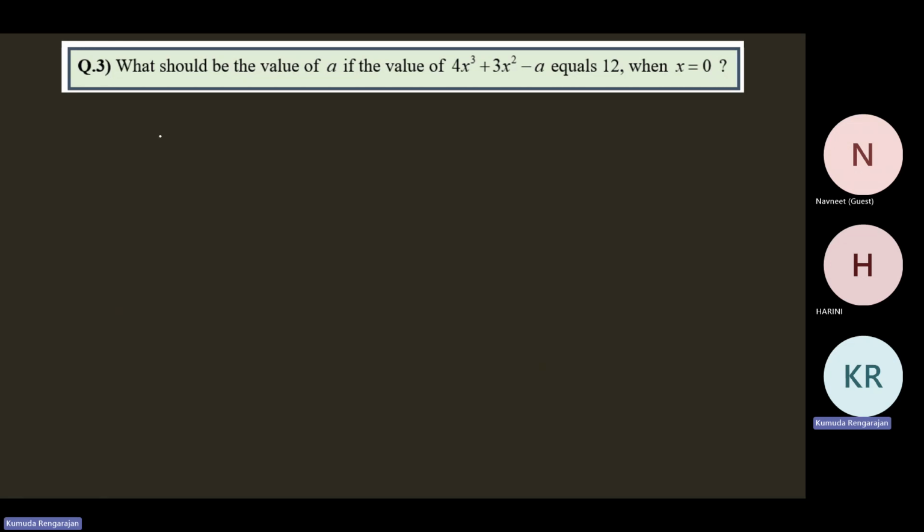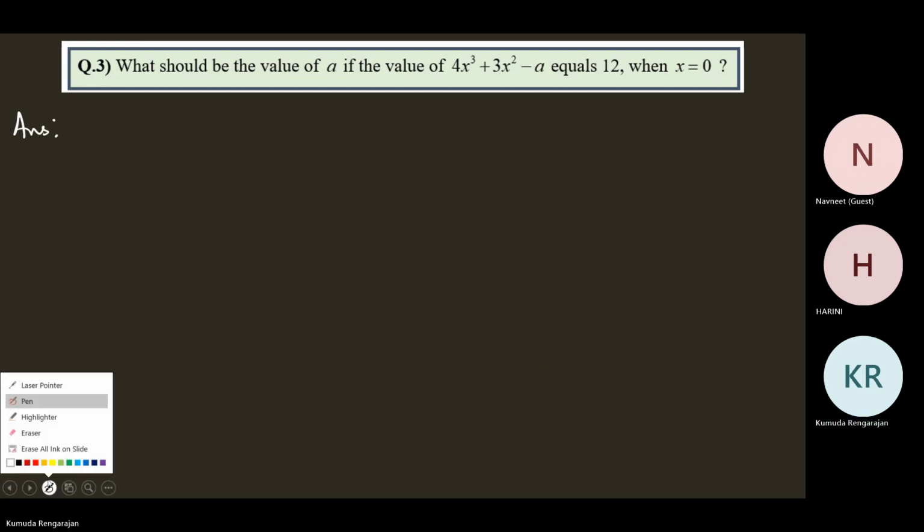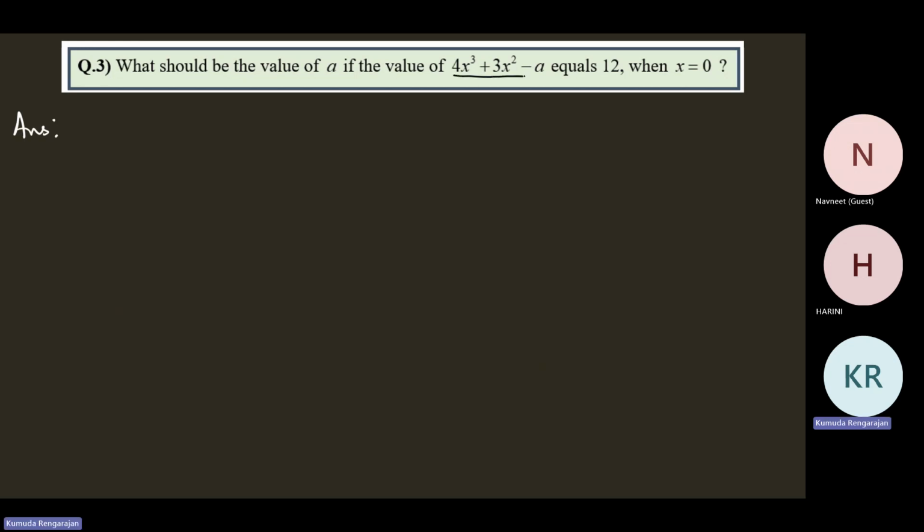What should be the value of A if the value of 4x cubed plus 3x squared minus A equals 12 when x is equal to 0? See here, we are given 4x cubed plus 3x squared minus A equals 12. Equals means is equal to 12.